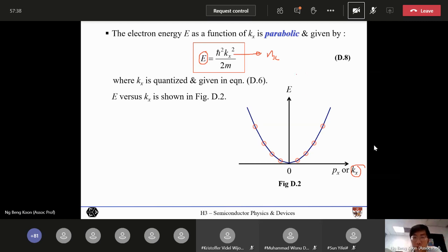So if you plot all the different possible n values and E, you get these points. These points will sit on a parabola, because similar to the classical case, your energy against momentum is also parabolic.